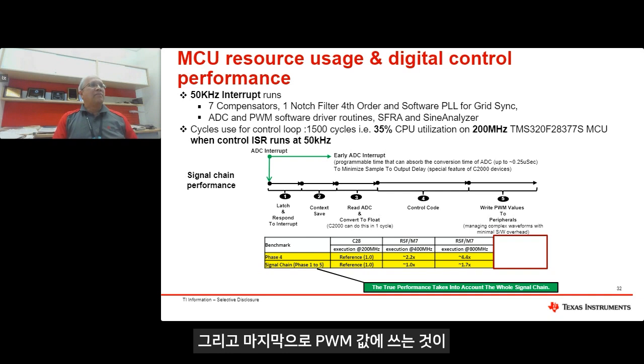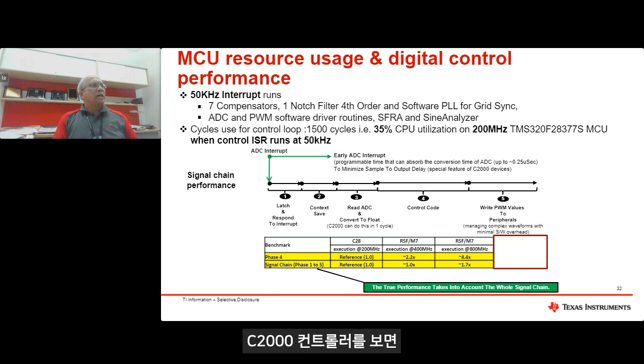And then finally, writing the PWM values is the final phase. So how this is all stitched together will make for an optimized control loop, with better and faster response and lower THD current, basically.